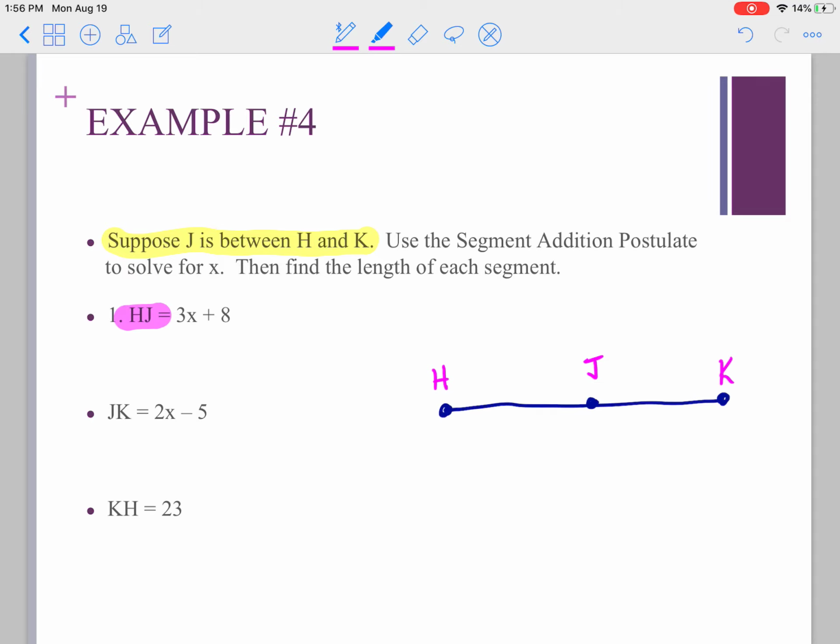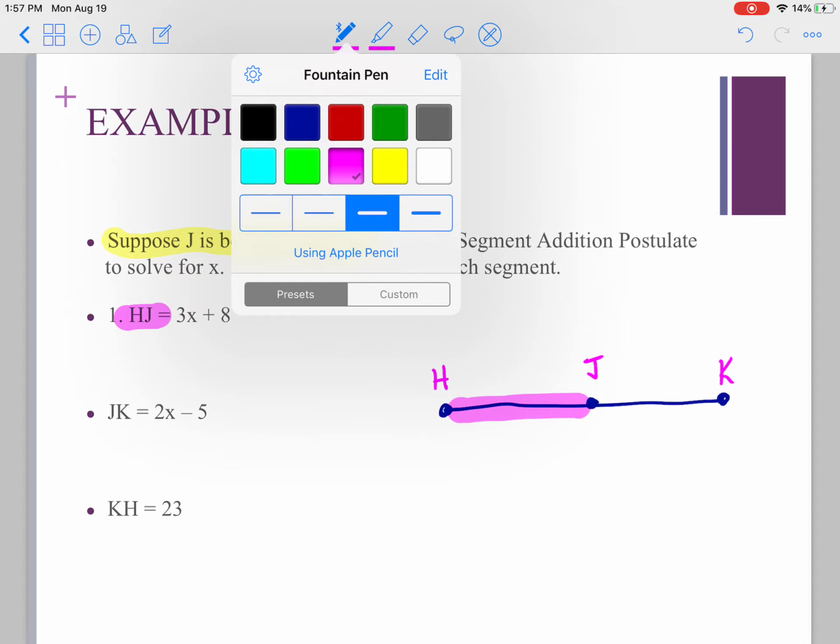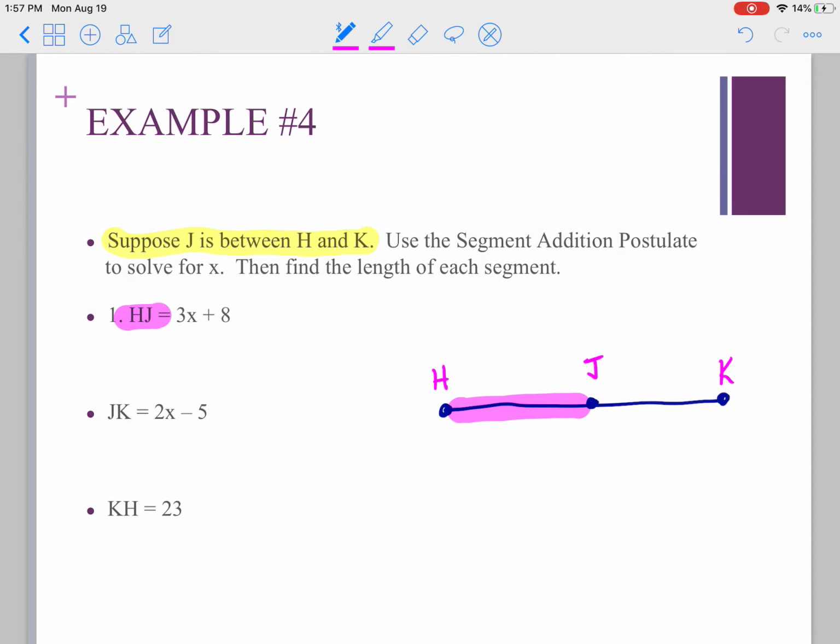HJ is this portion of the segment here, and we know that HJ has the value of 3x plus 8. JK is this portion of the segment and has the value of 2x minus 5. And then the entire segment has a value of 23.